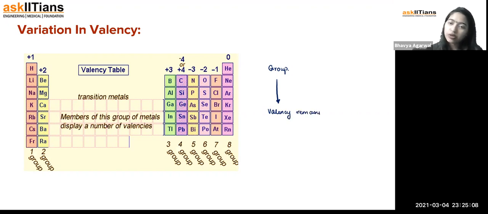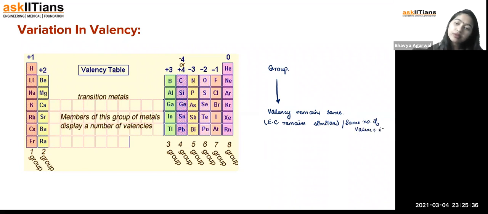Why? Because the electronic configuration remains similar. You have a similar electronic configuration, the same number of valence electrons, because in a group it remains the same.